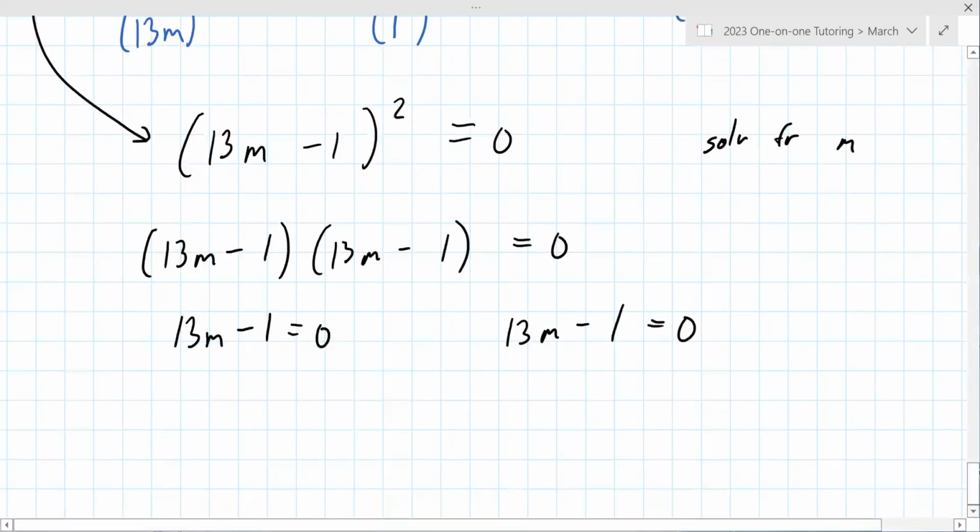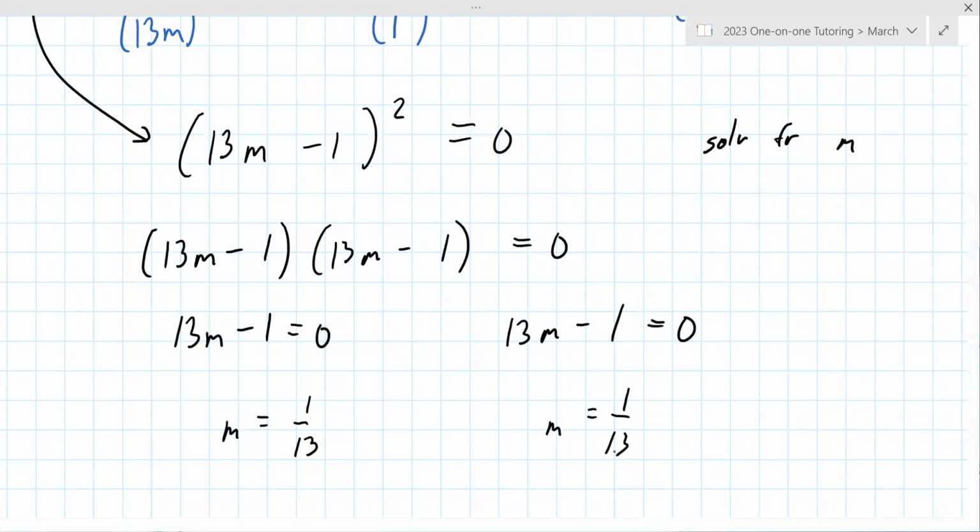But you find that they're the same. But there are 2 solutions. It's just that they're the same in this case. Any questions on that? No, I think I got it. Okay.